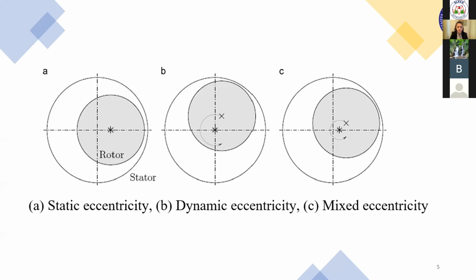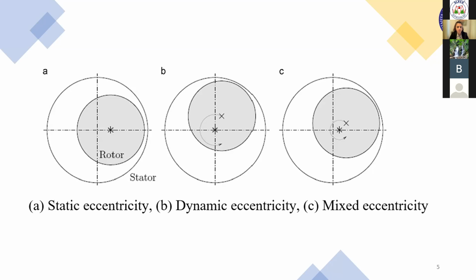The graphical representation of eccentricity faults is given in this figure. Dynamic eccentricity faults may occur as a result of the bending of the motor shaft, wear or deterioration of bearings, or mechanical oscillation of the motor at certain critical speeds.